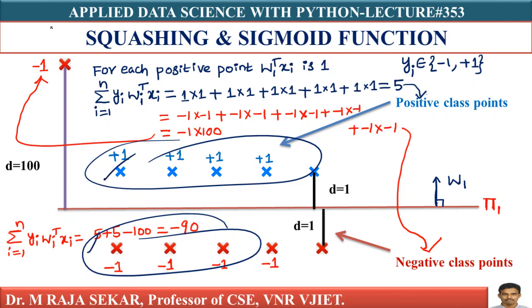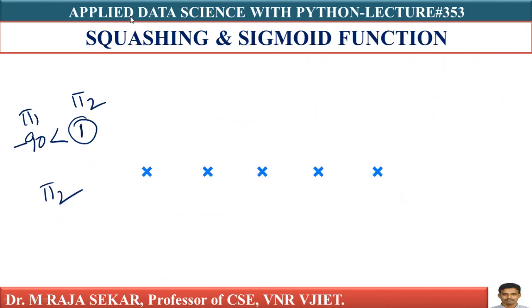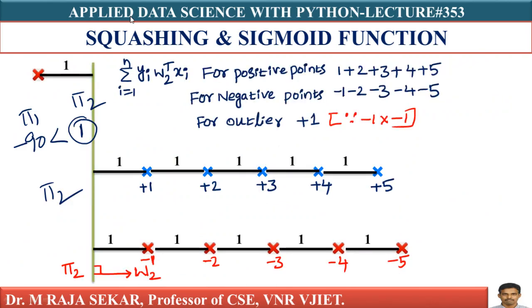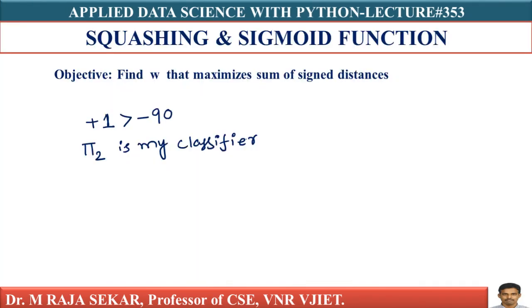But due to this particular outlier, we are saying that it is a wrong classifier. Intuitively, pi 1 is better than pi 2, but because of this particular outlier, we are getting more value for pi 2. That's why we are getting minus 90 for pi 1. Whereas this is related to pi 2, this is related to pi 1 because of the outlier.